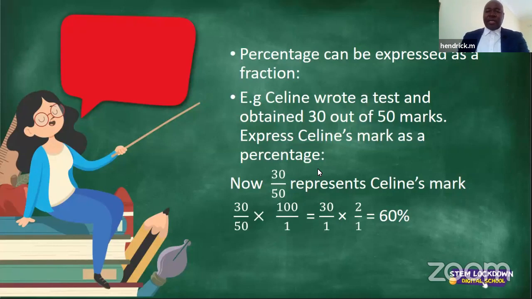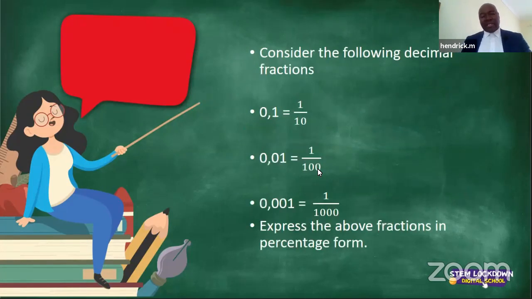And of course, this simply means that whenever you've got a common fraction, like the one in the case of Celine, you'll have to multiply it out by 100. And in this case, it's 100 over 1. So, having done Celine's example, I want you to go now to the slide that we are in now, where you've got 3 common fractions.